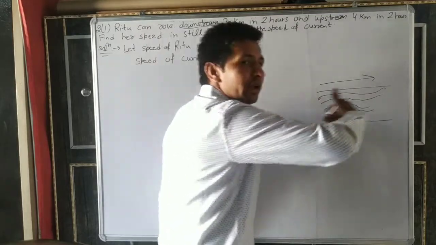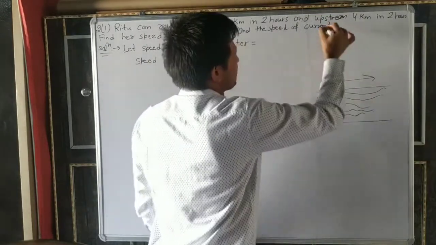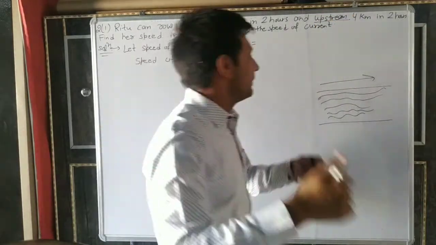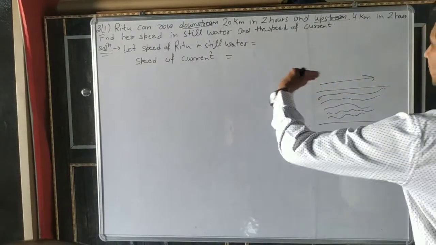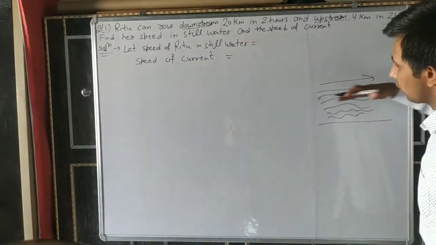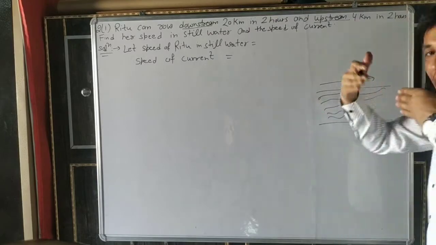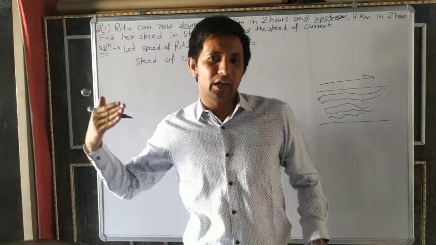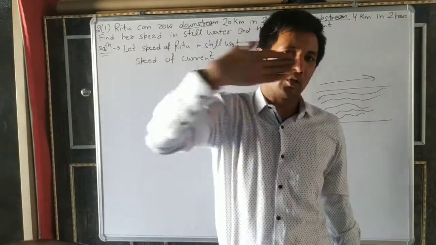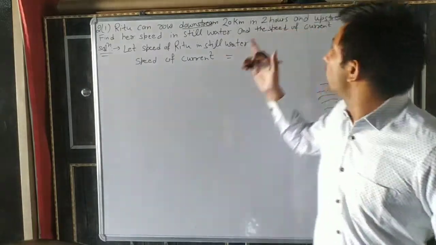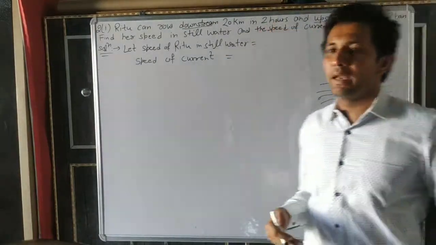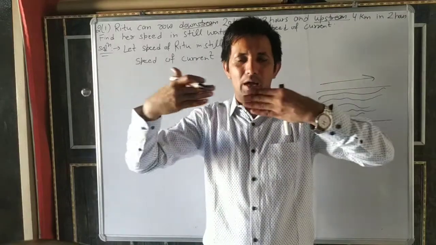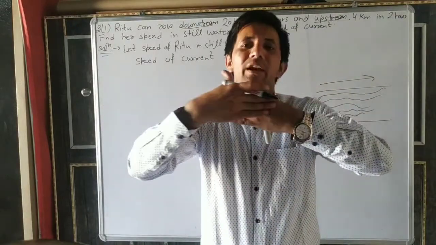Everyone knows what downstream means, dear. Downstream means in the direction of the water, in which direction the water is flowing. So if the water is flowing in that direction and you are also going in this direction, that is downstream. And upstream means, dear, the water is flowing in this direction and you are going in the opposite direction. Upstream means the water and you are going in different directions.